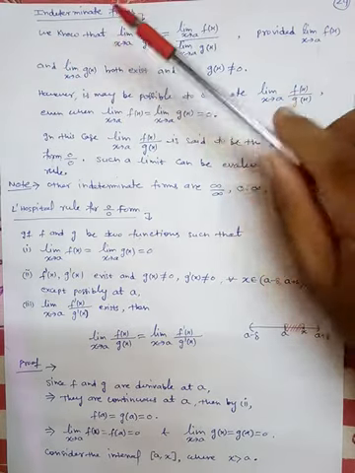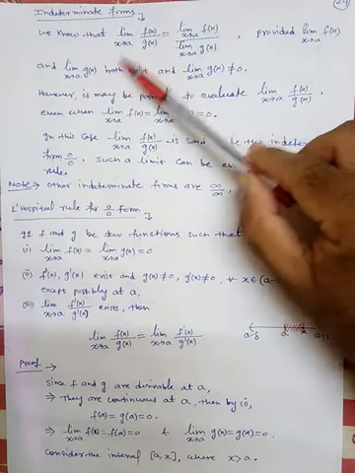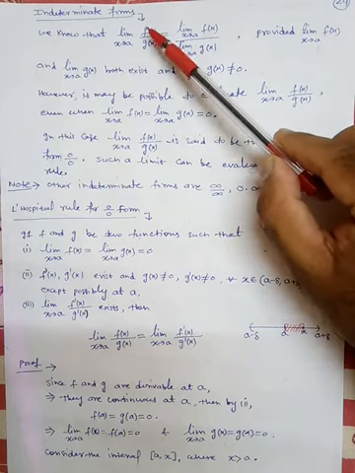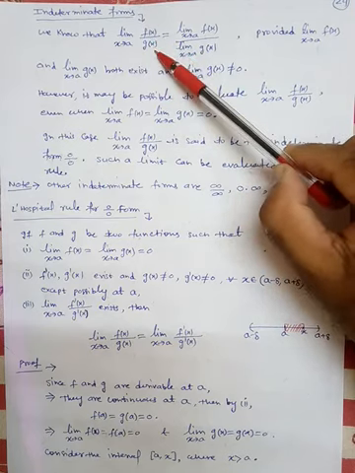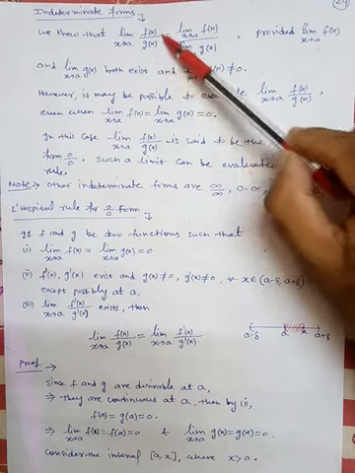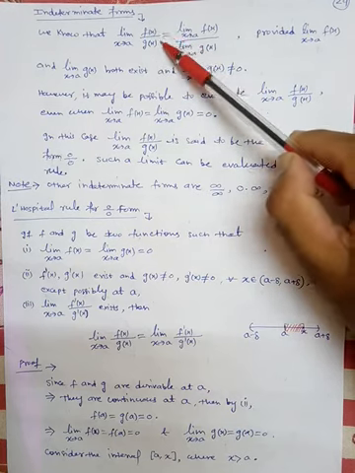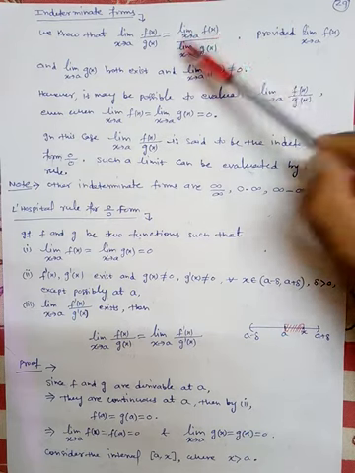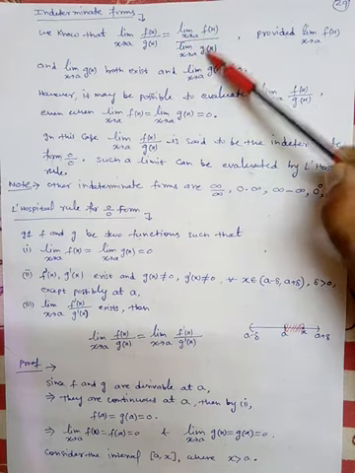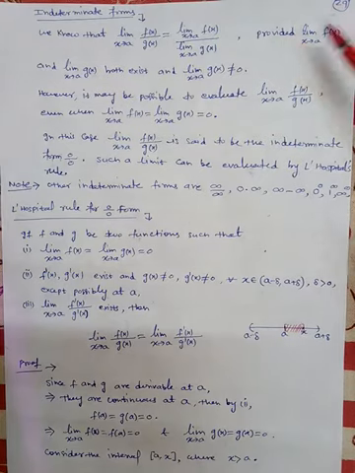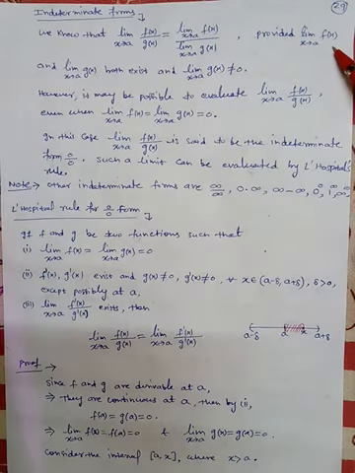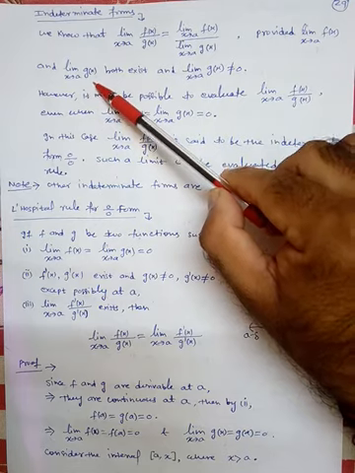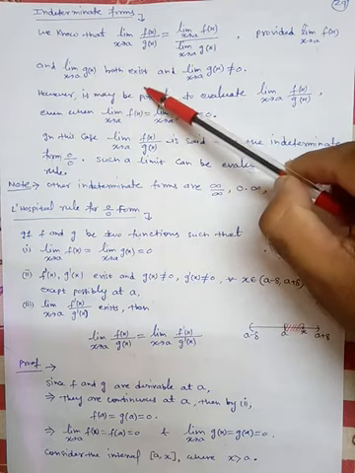So we know that when we are finding the limit x tending to a of a function of the form f of x divided by g of x, then with the help of limit of algebra, we can say that this is equal to limit x tending to a f of x divided by limit x tending to a g of x, provided limit x tending to a f of x and limit x tending to a g of x both exist.